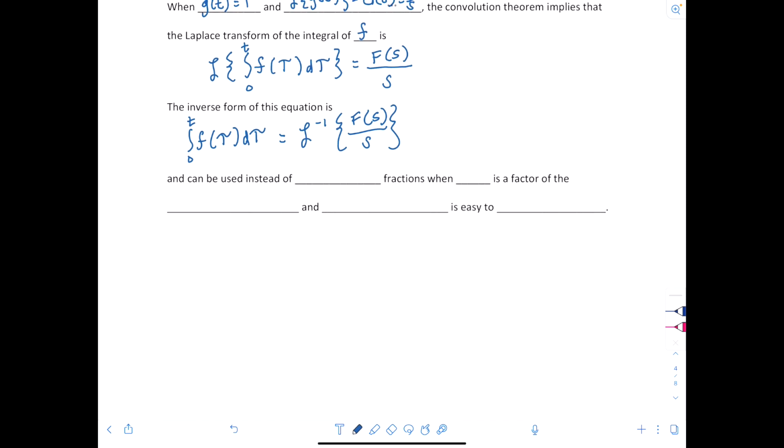So this inverse form can be used instead of partial fractions when s to the n is a factor of the denominator and f at t equal to L inverse at capital F at S is easy to integrate. You want it to be easy to integrate. You don't want to make more work for yourself.